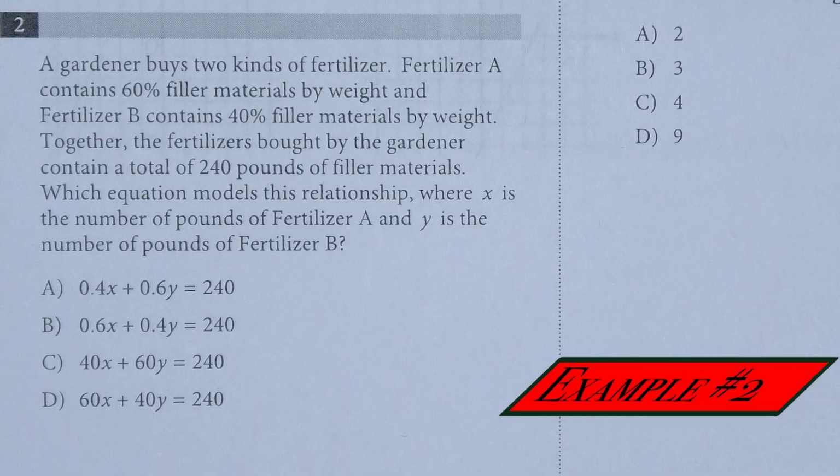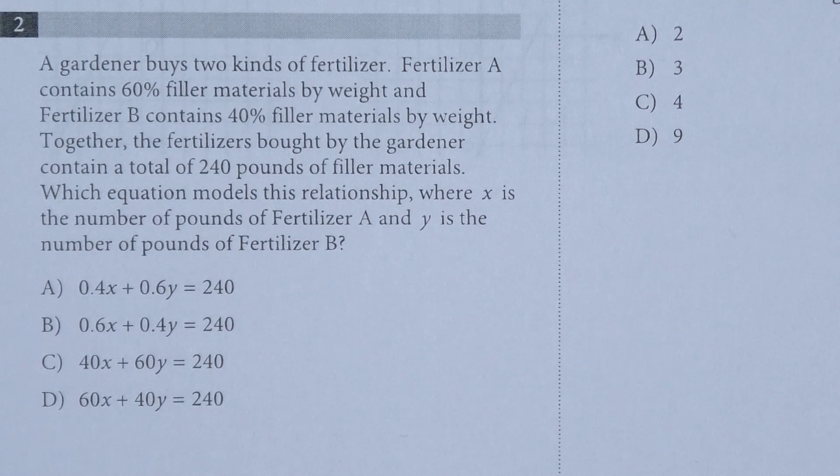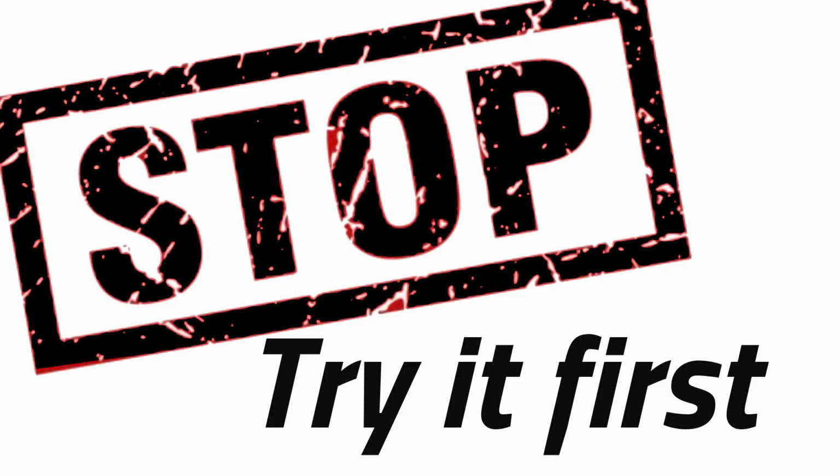A gardener buys two kinds of fertilizer. Fertilizer A contains 60% filler material by weight, and fertilizer B contains 40% filler material by weight. Together, the fertilizers bought by the gardener contain a total of 240 pounds of filler material. Which equation models the relationship where X is the number of pounds of fertilizer A and Y is the number of pounds of fertilizer B?